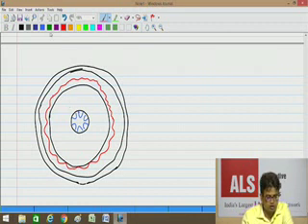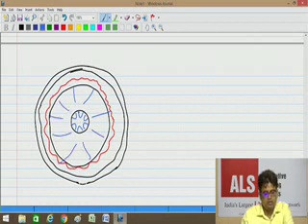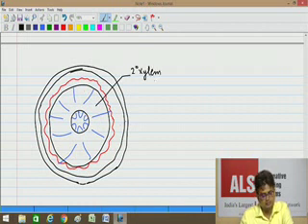This whole part is the secondary xylem, and these are the medullary rays that I am drawing with the blue color. So let's label it. This is the secondary xylem. This is the secondary phloem.